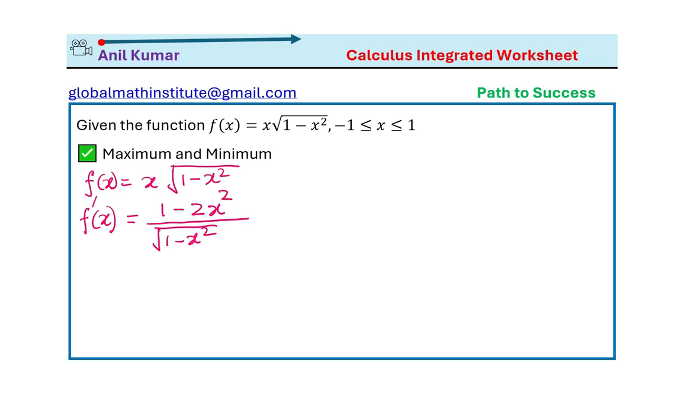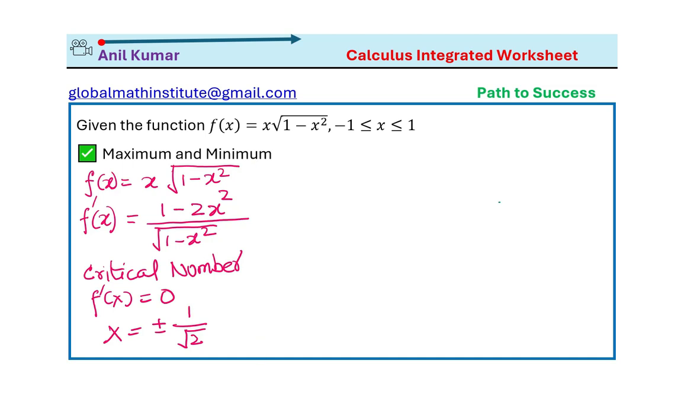And we know that the critical number, which basically is when the derivative equals to 0, is that x equals to plus or minus 1 over square root 2. Well, some of you could rationalize and write down this as plus or minus square root 2 over 2. Correct, no problems. I'll keep it like this for now.